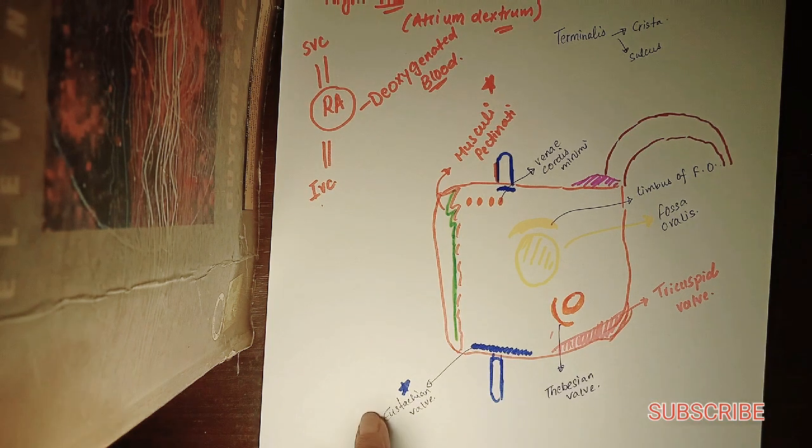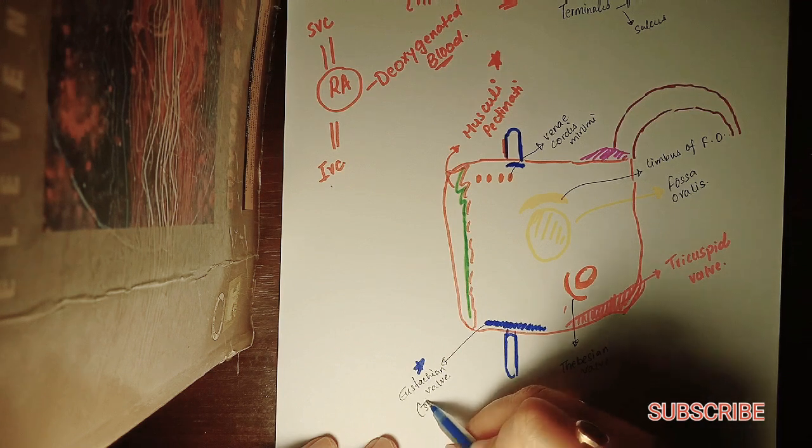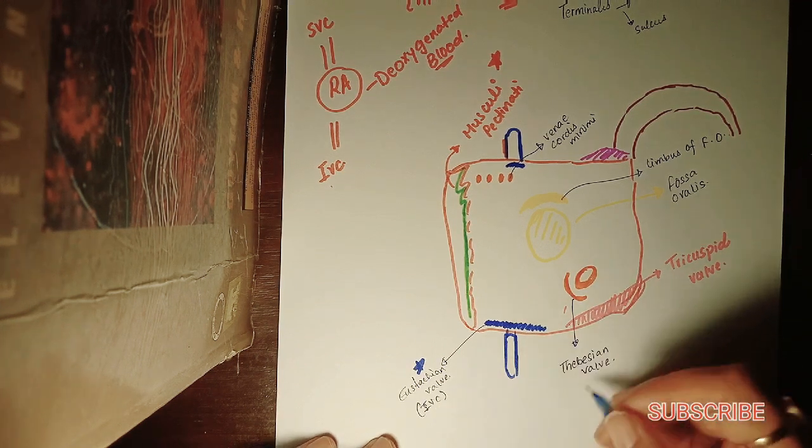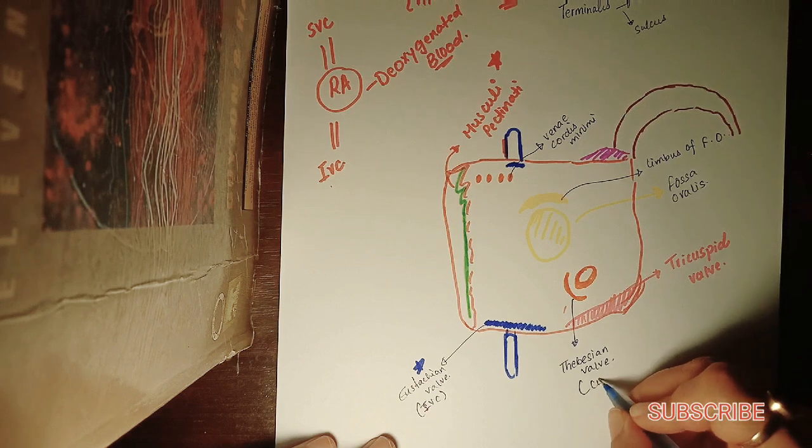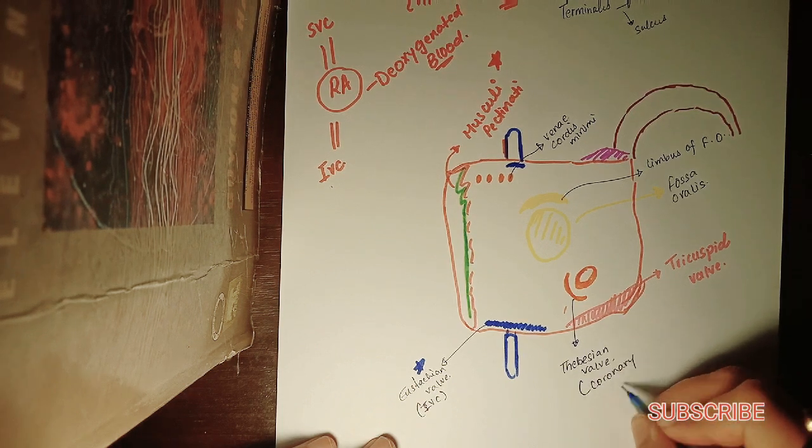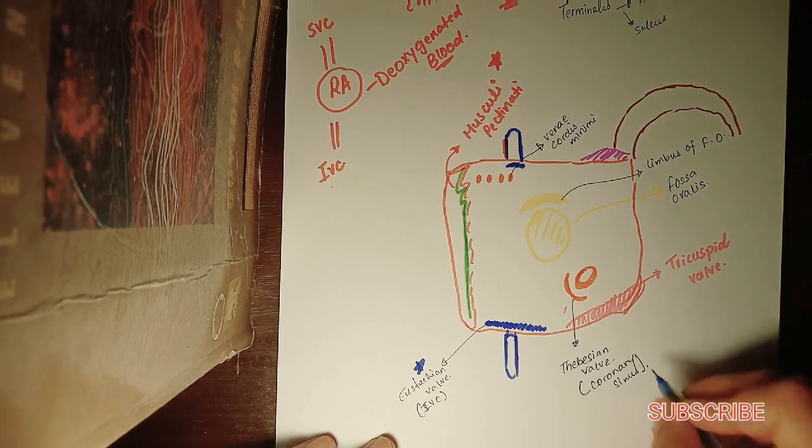So don't confuse the Eustachian and Thebesian valves. The Eustachian valve is the opening of the IVC, the inferior vena cava, and the Thebesian valve is the opening of the coronary sinus.